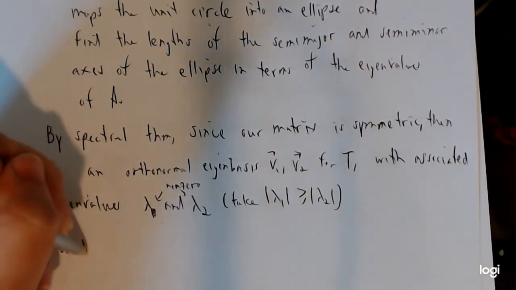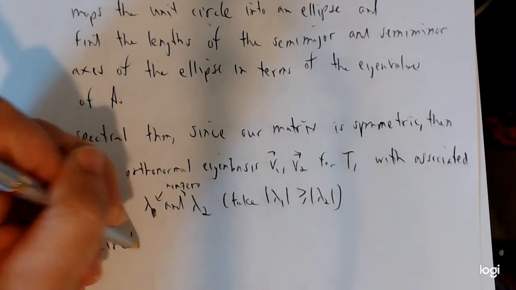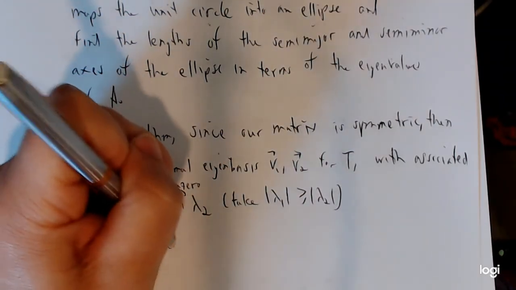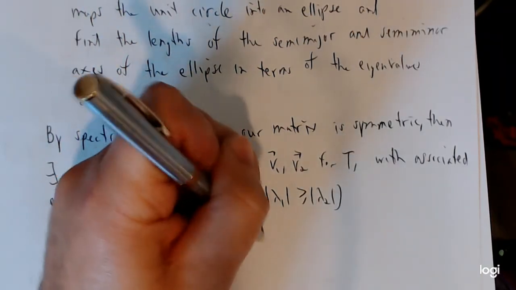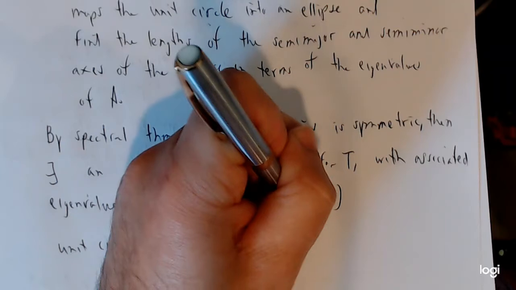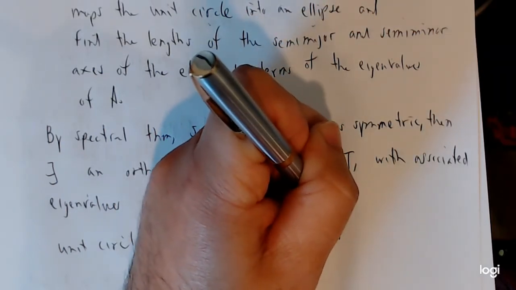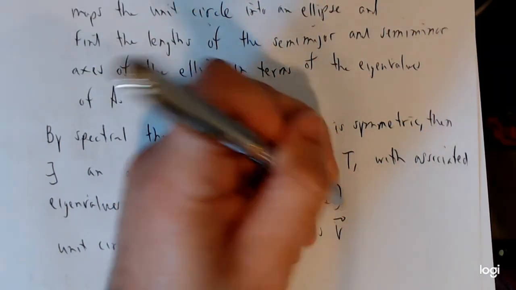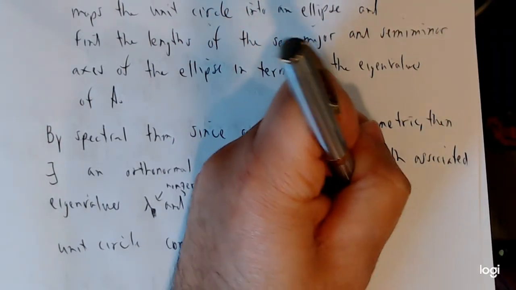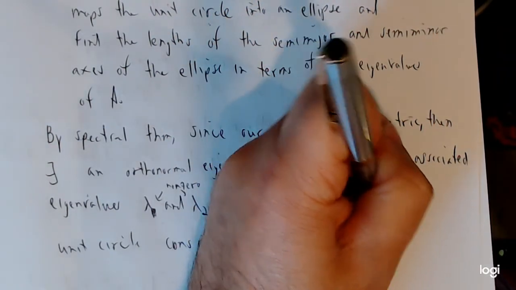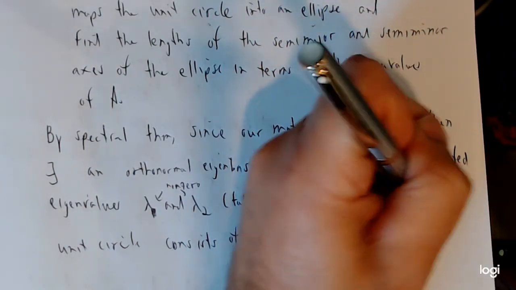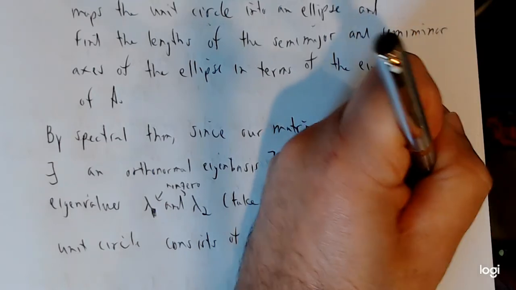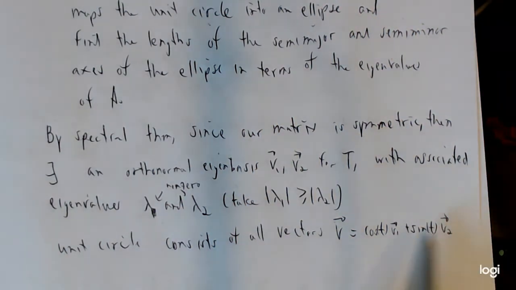So here's what we know though. We know that the unit circle consists of all vectors v equal to cosine of t times v sub 1 plus sine of t times v sub 2. I'm not sure if you remember this, but we showed this earlier on in the year.